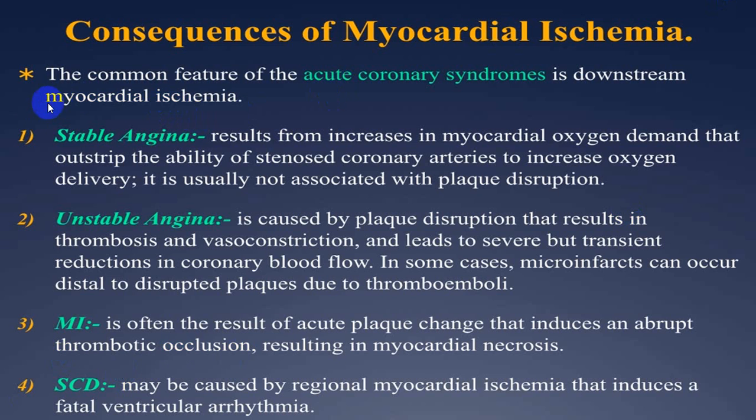One symptom can occur not in acute coronary syndrome but because of atherosclerosis with a stable plaque, which we call stable angina. Hence ischemic heart disease will include all these conditions: stable angina, and these three in acute coronary syndrome. We'll have one slide which will show you that.